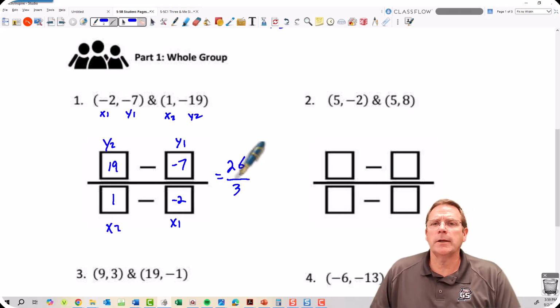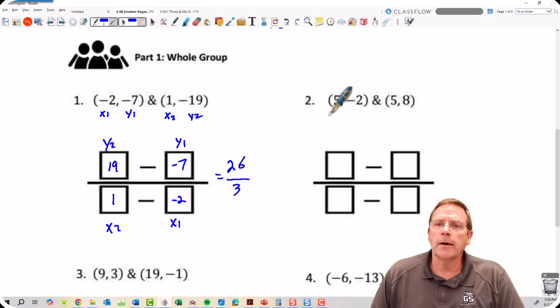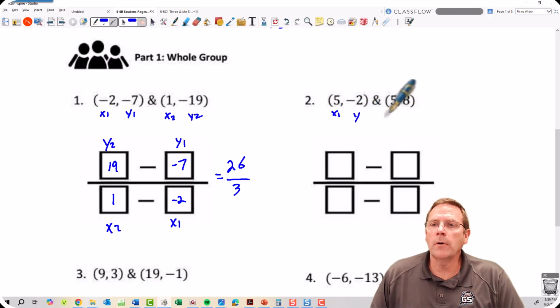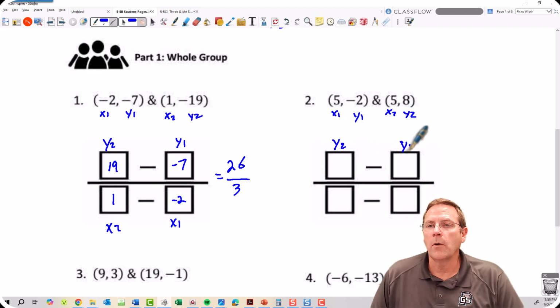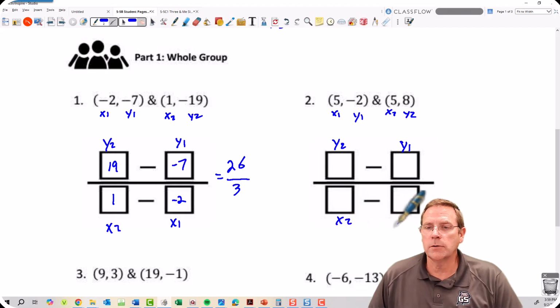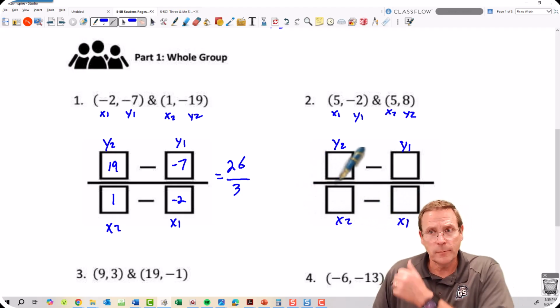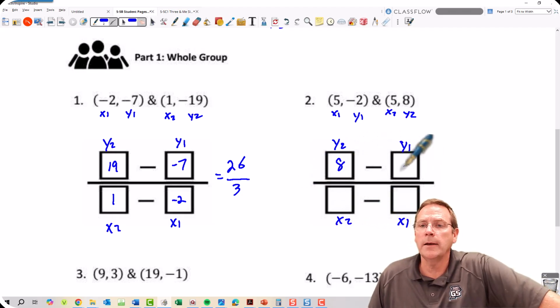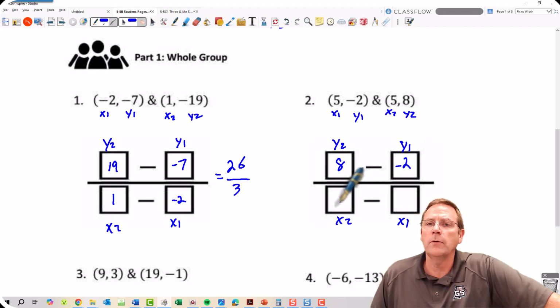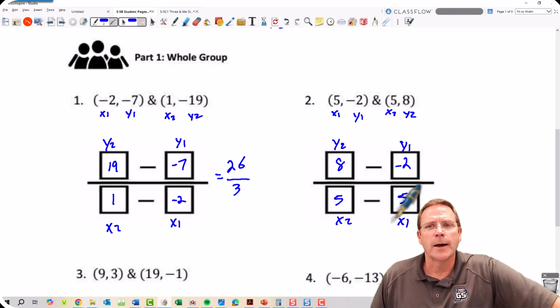Let's do the next one together as well. So we're going to have x1 and y1, we're going to have x2 and y2, and we're going to go ahead and write our formula in there, y2, y1, x2, and x1. So my y2 was 8, my y1 is a negative 2, my x2 was 5, my x1 is, oh, we got a problem. Do you see it yet? I see it.